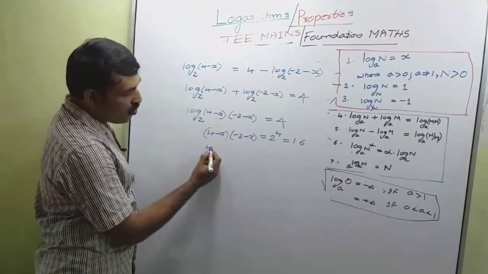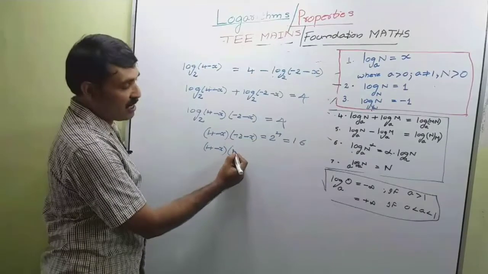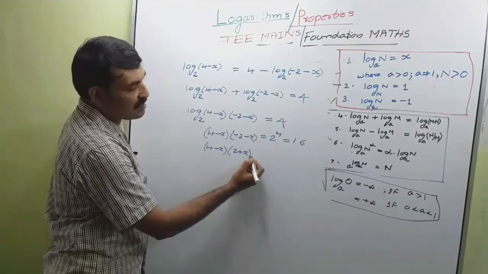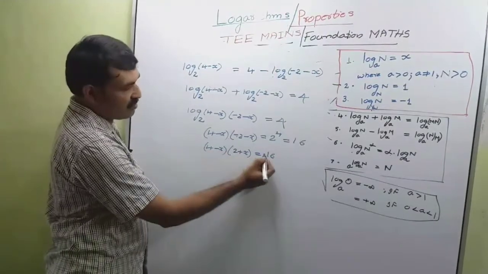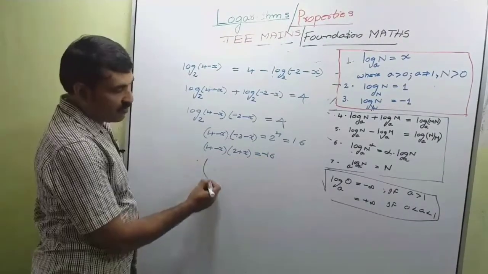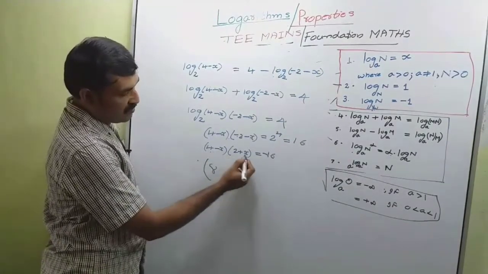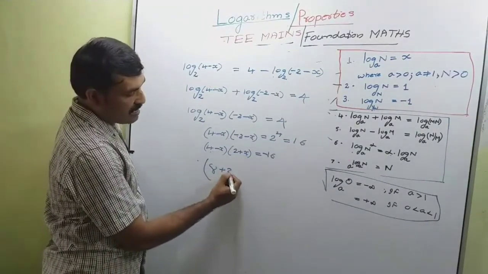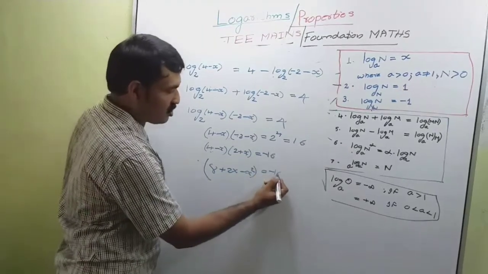Or (4 minus x) into minus, the minus can be taken outside, (2 plus x), that is equal to 16. This minus goes here, so minus 16. This is equal to 8 plus 4x minus 2x minus x square, which is equal to minus 16.